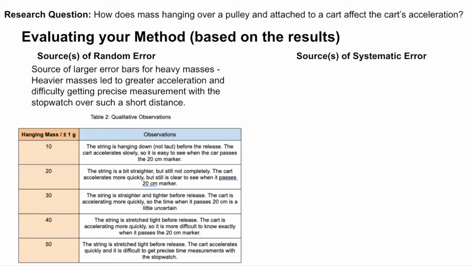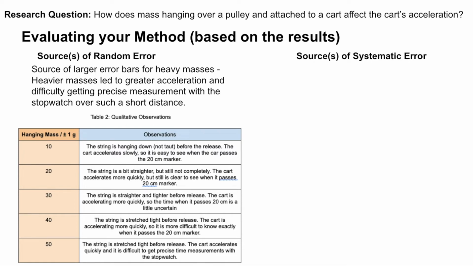If you read the observations for 40 and 50 grams, they mention that the cart is moving very quickly, so it's difficult to stop the stopwatch at the correct time. It was difficult to get a precise measurement with the stopwatch over a short distance. That's a source of random error because there was a lot of variation in times measured with the stopwatch at those values.